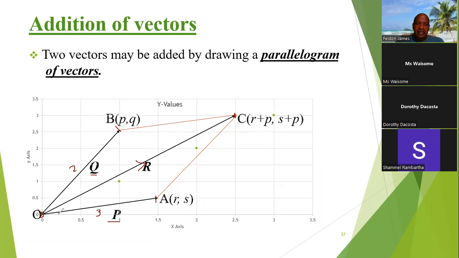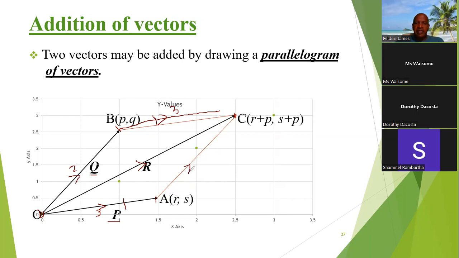For this vector P, you draw a line from the tip, with the same length as P and going in the same direction as P. So this line and this line would be parallel lines, and they would be equal in length. So this would also be 3, right? And the direction too. When you draw the parallelogram, this line is also going to be equal to this line.